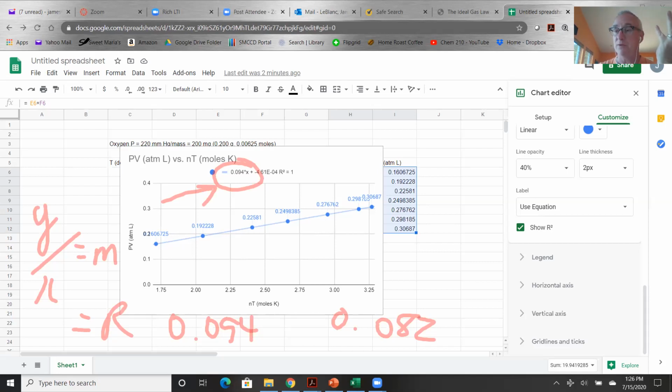So that's how we would find the value for R. Now remember, that is just for oxygen and just at that pressure, and just that amount. If I change any of those things, I'll get a different line. Hopefully the slope will be the same. I won't know that for sure until I do the experiment.